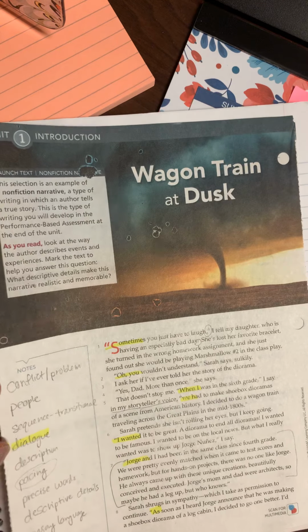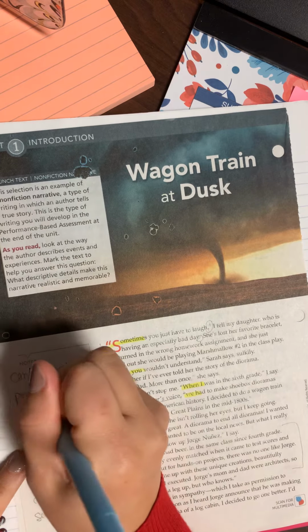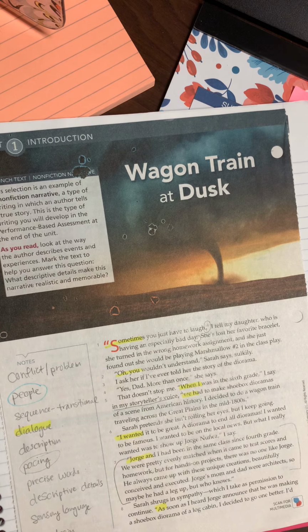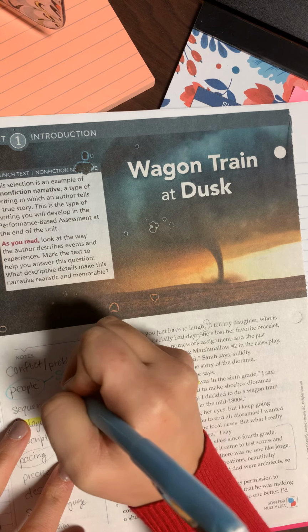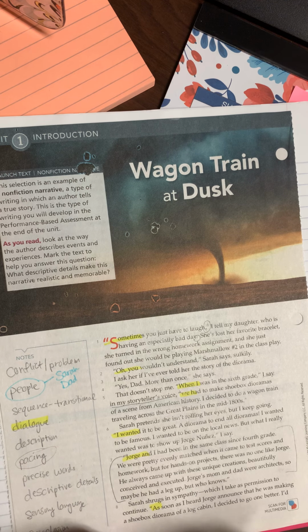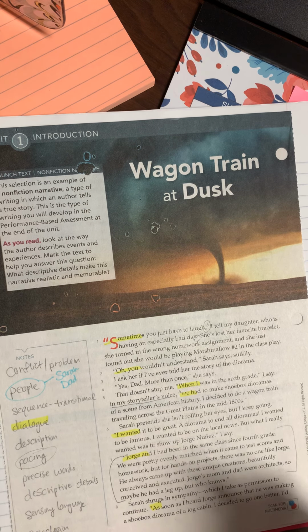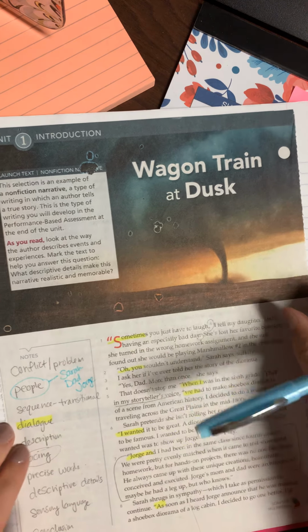Now, we can just talk about the people. I'm not going to circle a lot, but in this story, there is Sarah. There's her dad. And it's mainly them. So they're talking to each other, but also it talks about George, who was her dad's friend when they were in school.